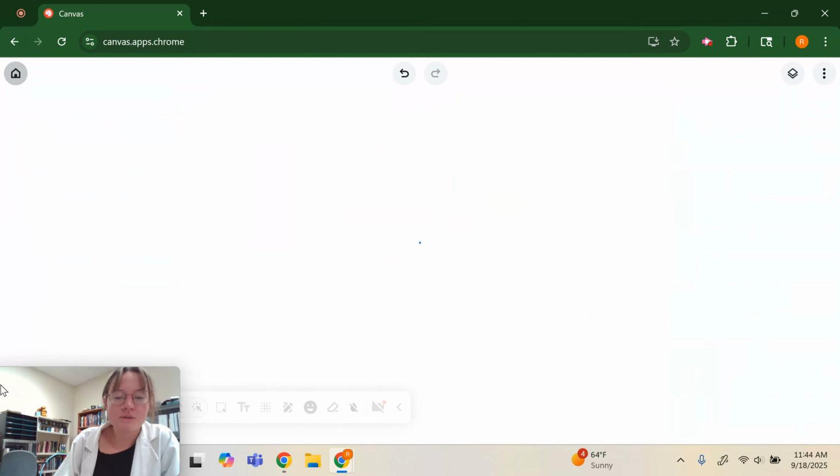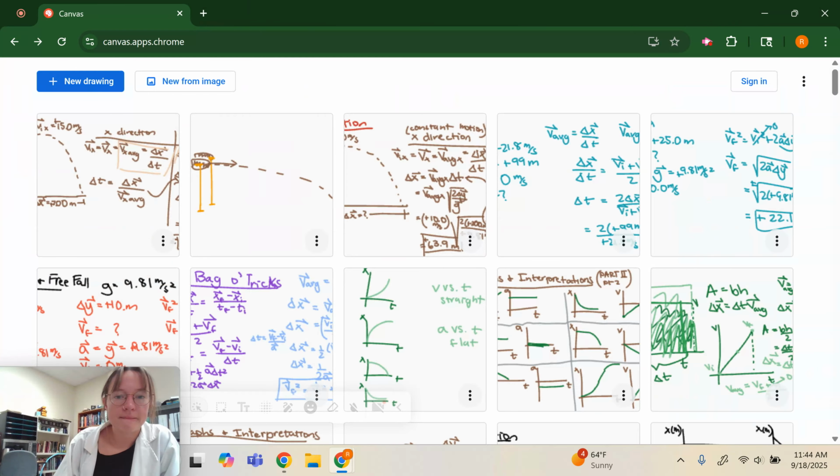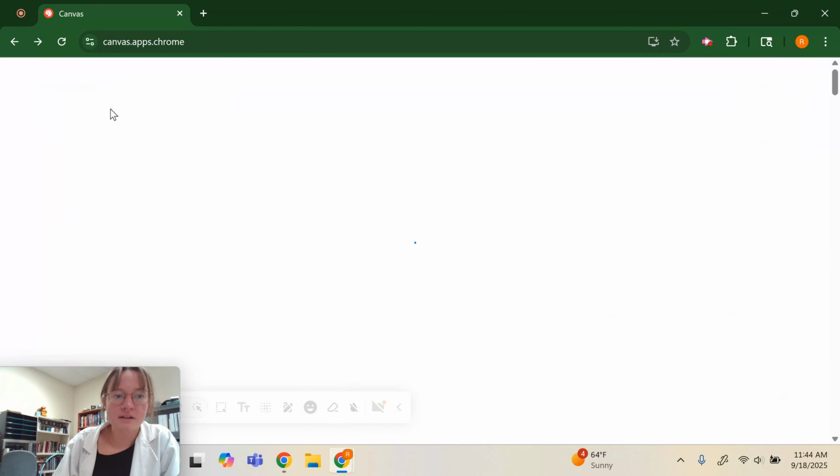We'll do one last problem today and then we will call it a day. Let's get a new drawing going. Here's our last example for today.